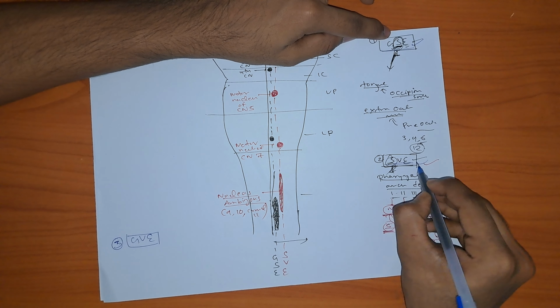Their nuclei are located somewhere here nearby. First we will talk about cranial nerve 3. Cranial nerve 3 has a parasympathetic component, the Edinger-Westphal nucleus. After that we have the lacrimatory nucleus.